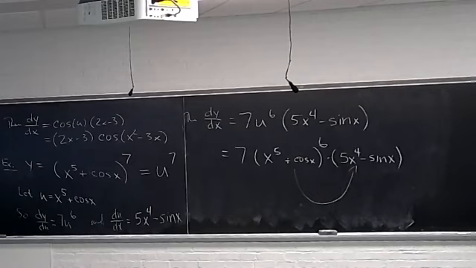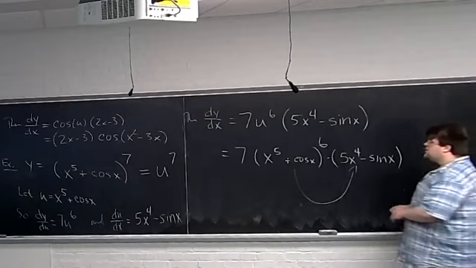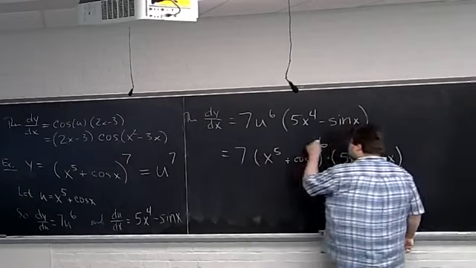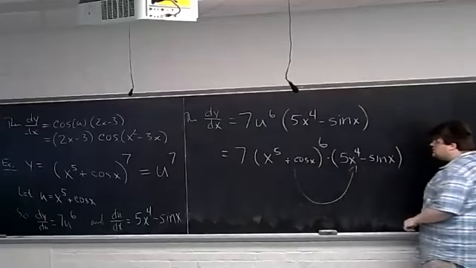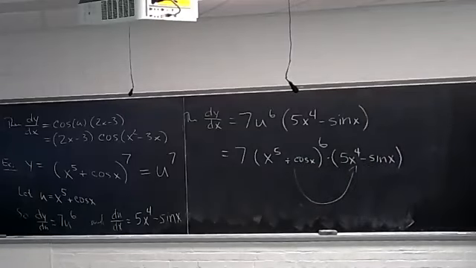So if you didn't want a u substitution here, you could say, well, we have something to the 7th. Derivative of something to the 7th is 7 of them to the 6th. Chain rule says multiplied by that derivative. Any questions about that?